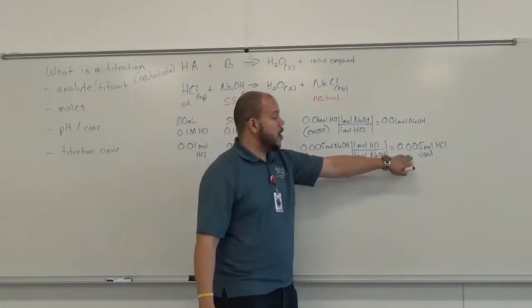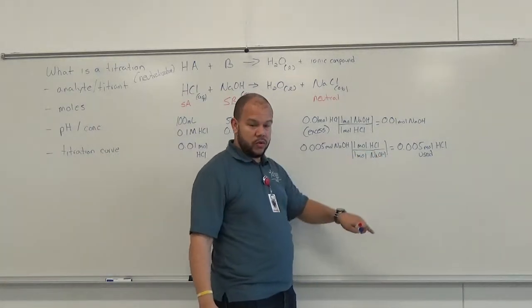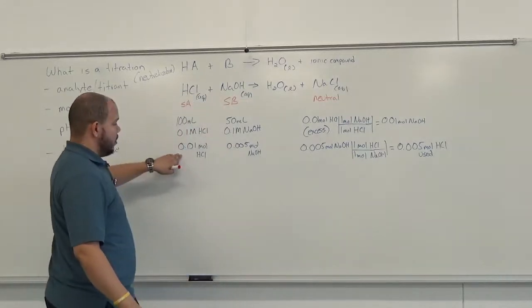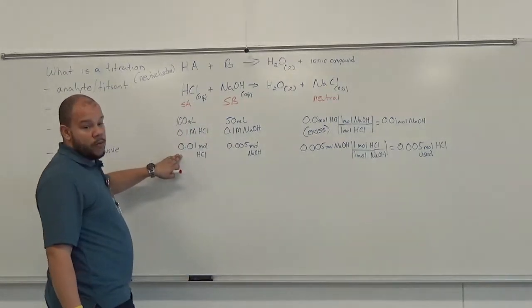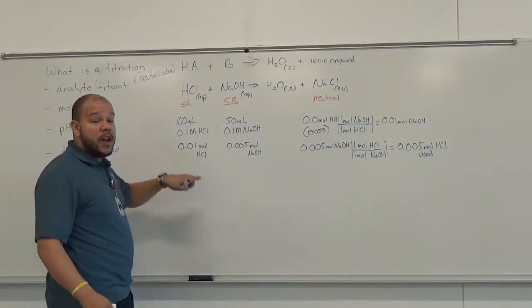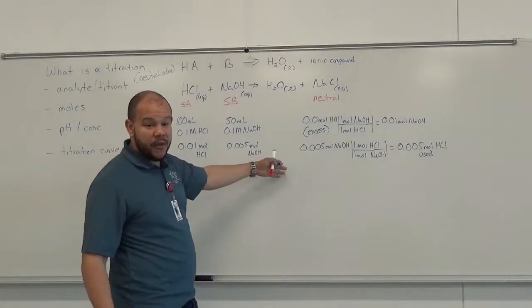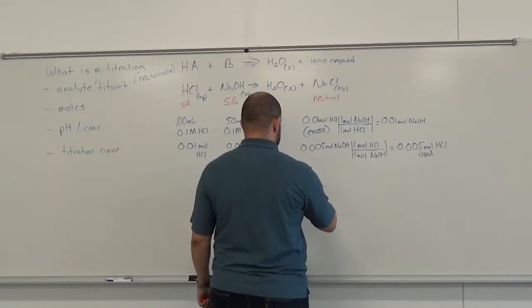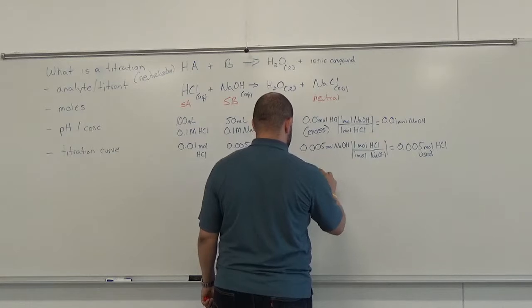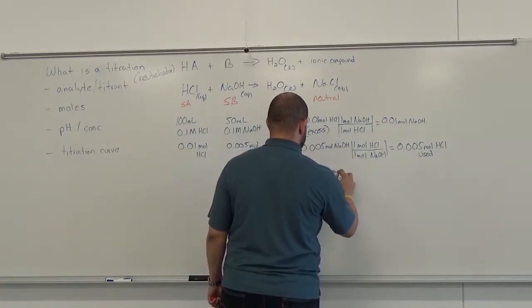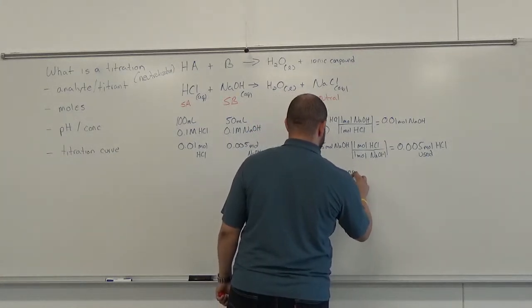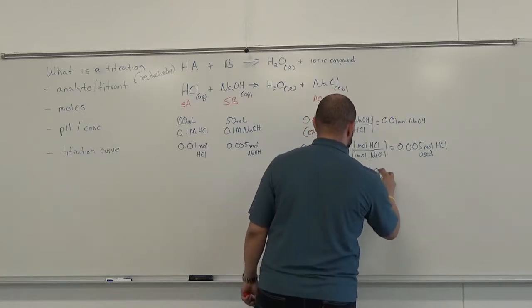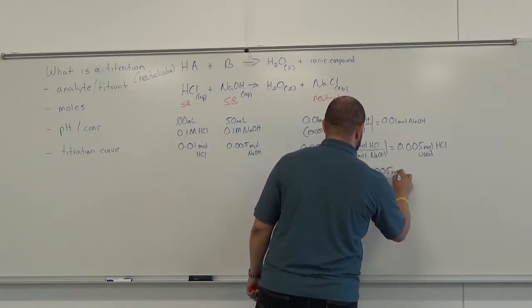So, if we've used up 0.005 moles and we started with 0.01 moles, the number of moles of HCl remaining is equal to 0.005 moles.